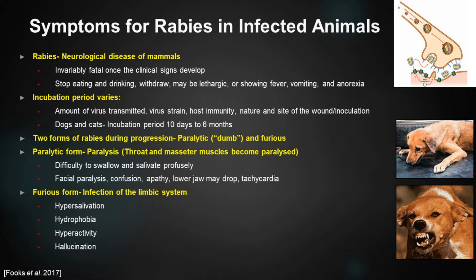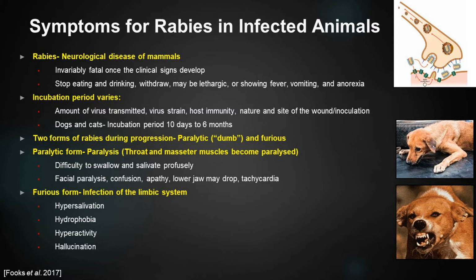Incubation period could vary. It could depend on a lot of factors. For instance, the amount of virus transmitted, the virus strain, the host immunity, nature, and site of the wound also could affect the incubation period.